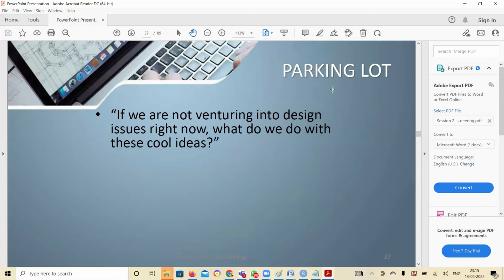Whatever you put in the parking lot is not a commitment. Whatever you put in the requirements document is a commitment. So you put it in a parking lot and you can share. If it is relevant, makes sense, then you bring it to the requirements document. If it doesn't, you drop it from there. So any extra information which you feel is important, but doesn't meet the needs, you put in a different place called the parking lot and evaluate it later, and then you accept it or reject it.